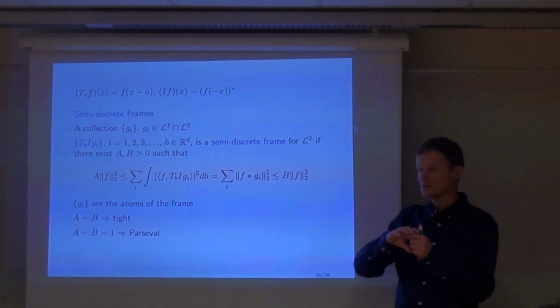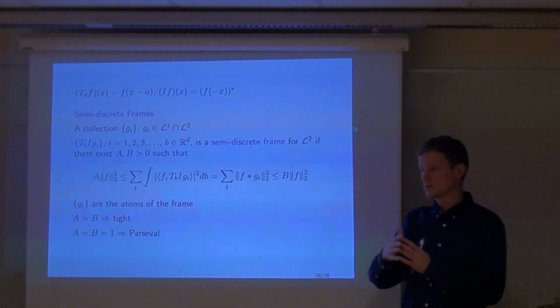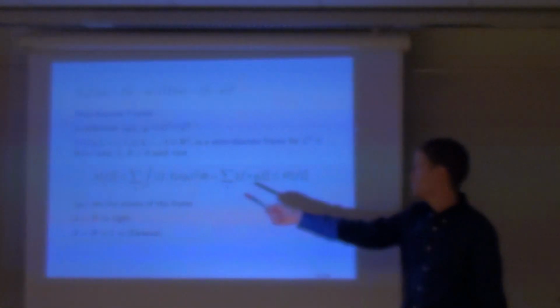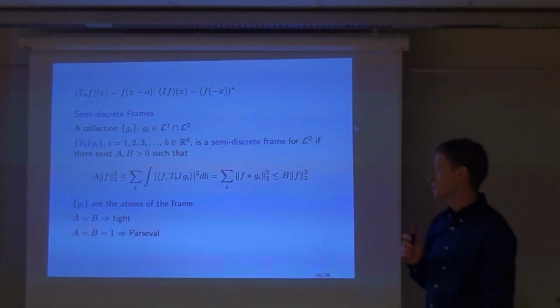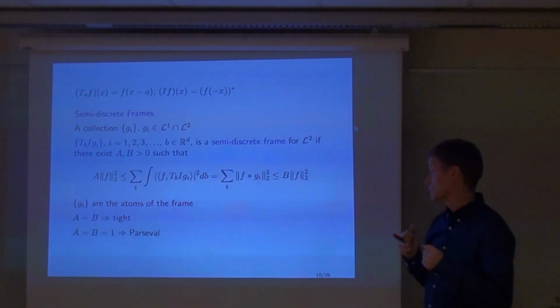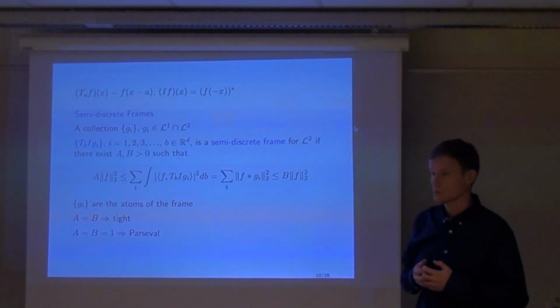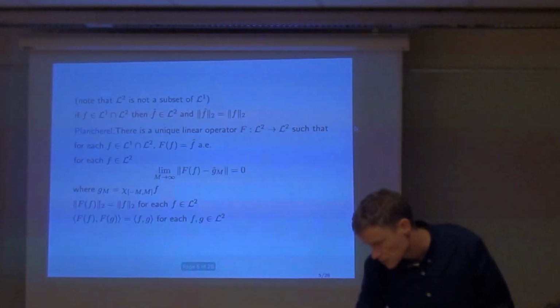If you filter F against all these different I's, you filter over B here, then you preserve all the energy in F. So this result is similar to what we had for the Fourier transform.